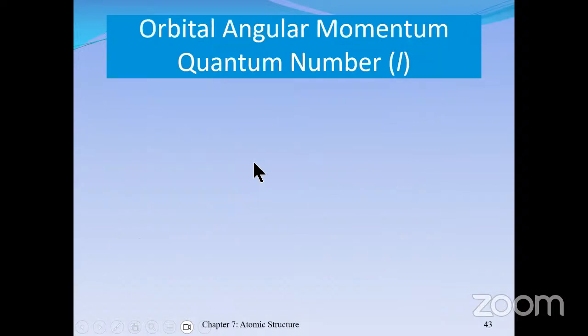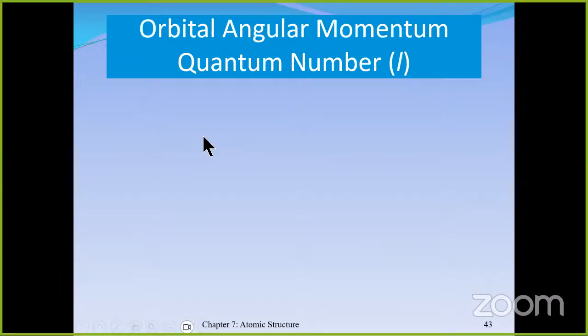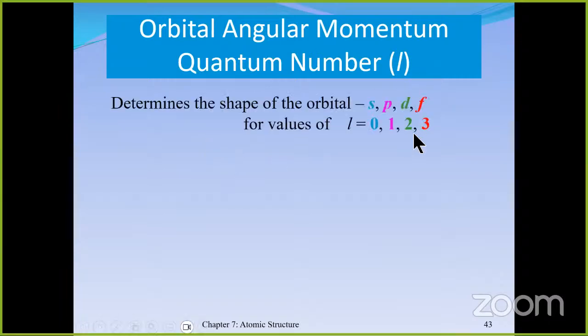The second quantum number is known as the angular momentum quantum number, and there's another fancy name for it, the azimuthal quantum number, but I'll leave that alone. The symbol for that is the letter l, lowercase l, all right? And the values of l start from 0 and again go on to infinity.